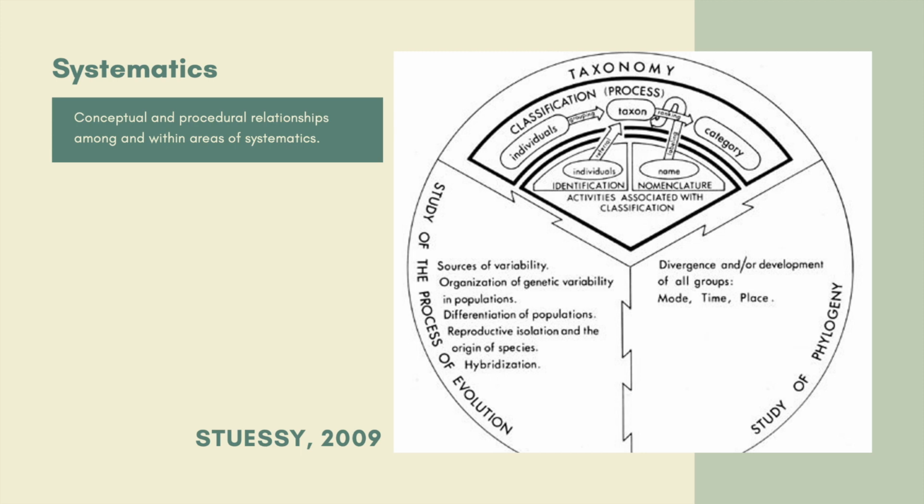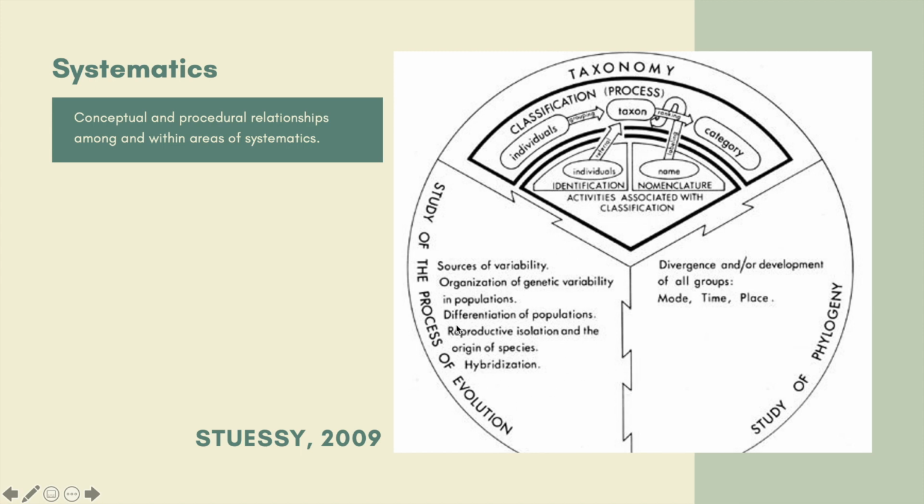The next one is the study of the process of evolution, wherein we have the sources of variability or organization, the genetic variability within a population, because this is the growing part. This is the most exciting part about systematics.